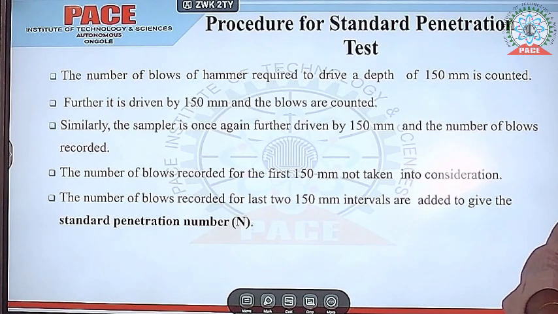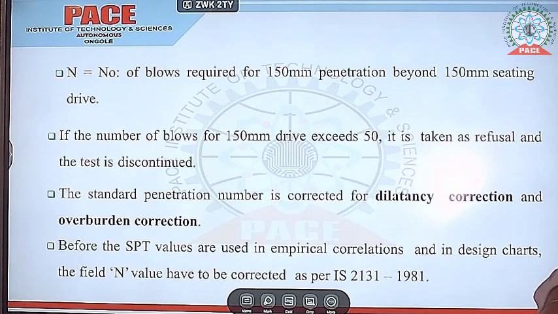That is, N is equal to the number of blows required for 300 mm penetration beyond the 150 mm seating drive. If the number of blows for a 150 mm drive exceeds 50, it is taken as refusal and the test is discontinued.